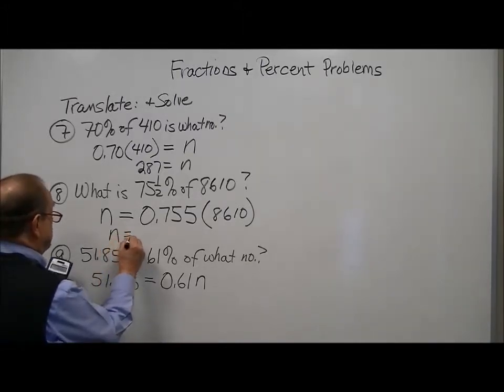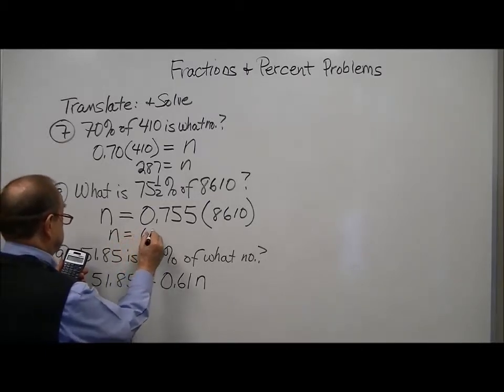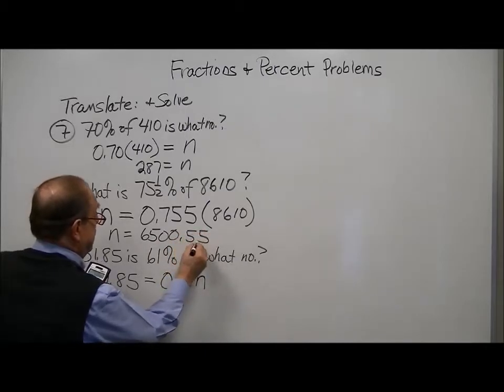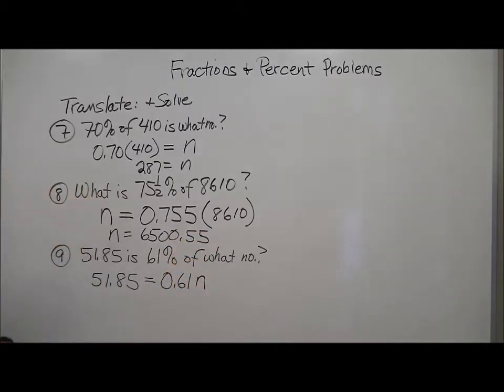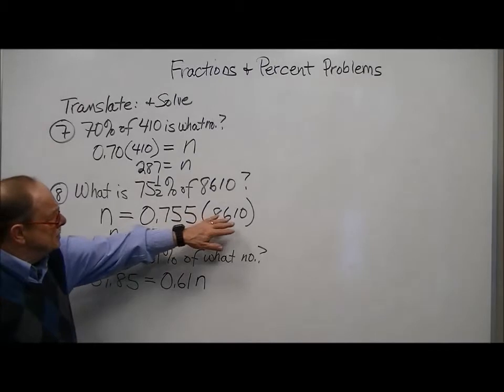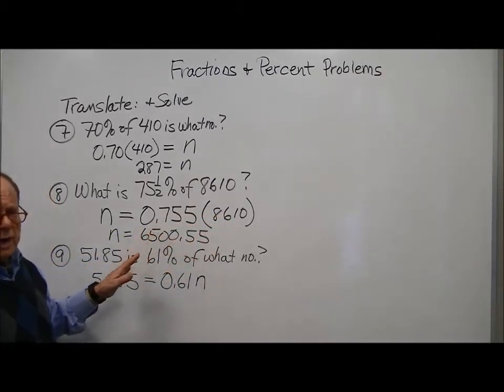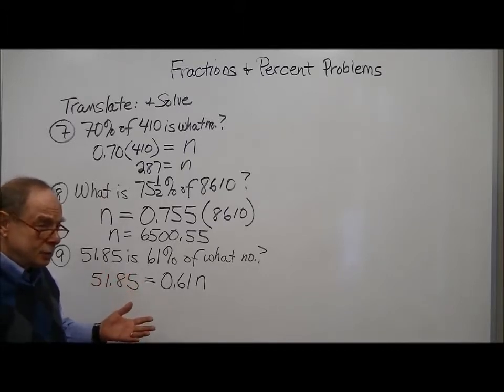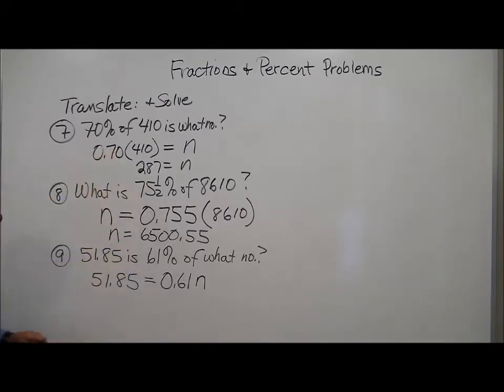So n equals 6500.55. And notice, again, it's 75% of this. That's about right. You often have to look and see, did you get a reasonable answer? And these are reasonable.